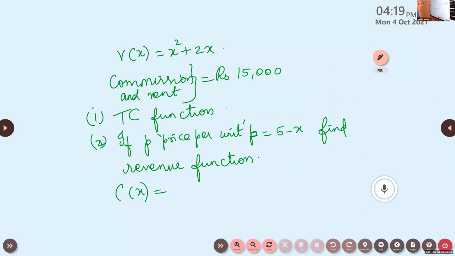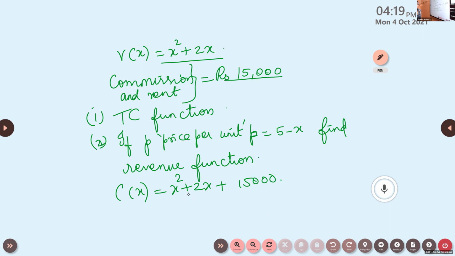X square plus 2x is the variable cost, and the fixed cost is given as rent and commission. They have to pay 15,000. So what will be the cost function? Variable cost plus fixed cost, so it will be x square plus 2x plus 15,000.